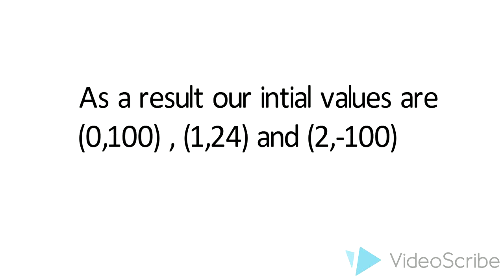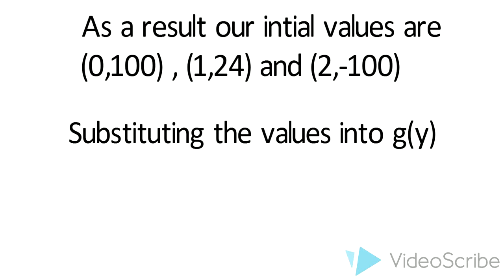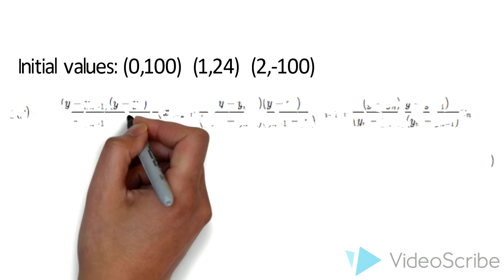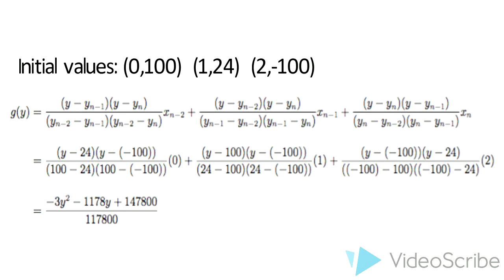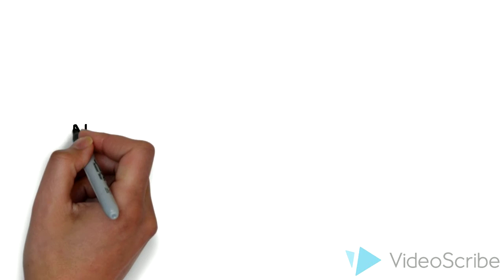To do so, we have to plot g of y. Substituting these initial values into our function g of y, like so, and plotting the graph, we can see that g of y will intersect the x-axis. So we can continue on with this method.